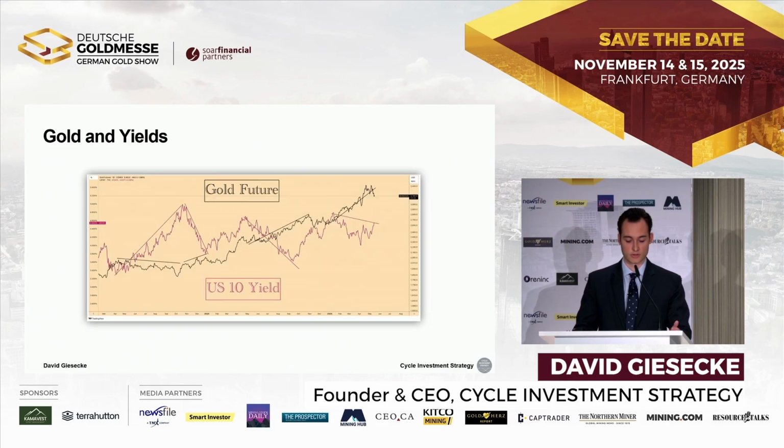And you can see in gold an inverse relationship to this US 10-year yield. And this is also the reason why gold is not really performing well in phases where we see actual inflation. Except hyperinflation, then gold performs well too. But in a normal inflationary environment, gold is more front-running the inflation itself.